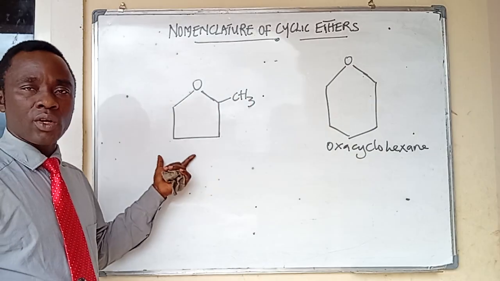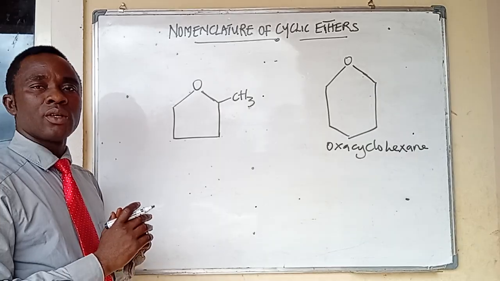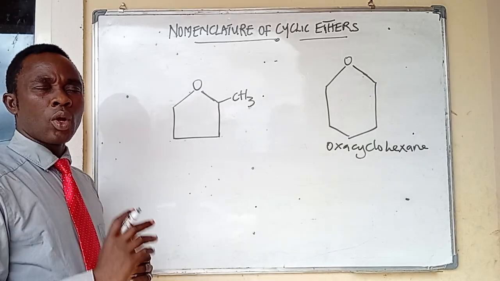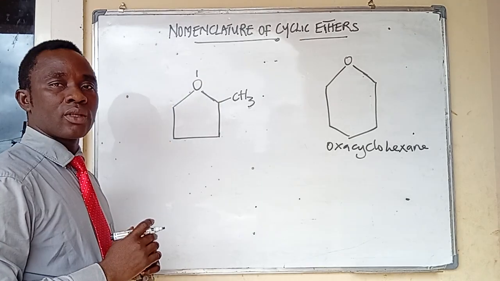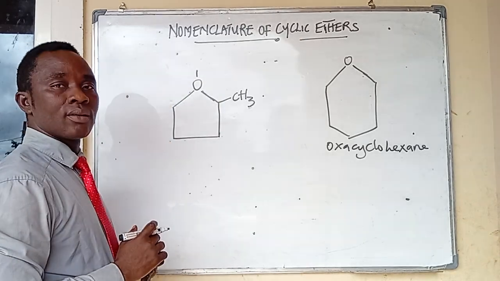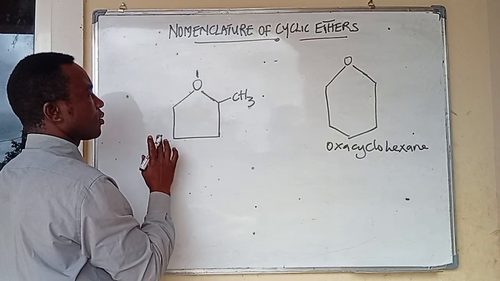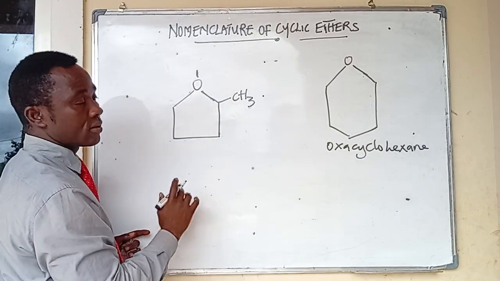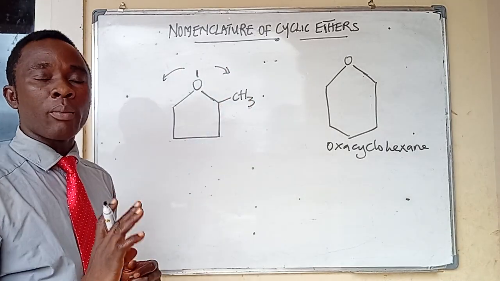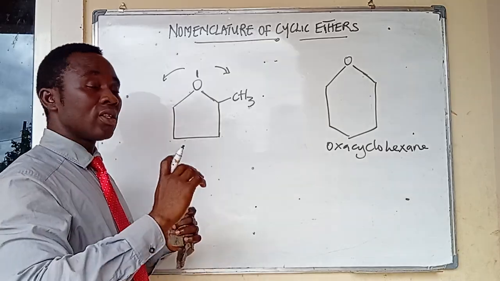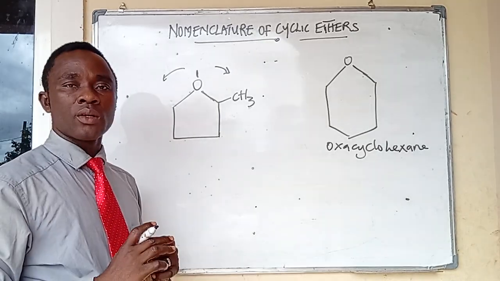So there is a substituent. When there is a substituent you want to name, you must number the ring. But your numbering must start from the oxygen, that is from the oxa, the oxygen. Then when oxygen takes position 1, always, you can number through this way or through this way. But the best way to number is to the side that will give the substituent the least number possible.